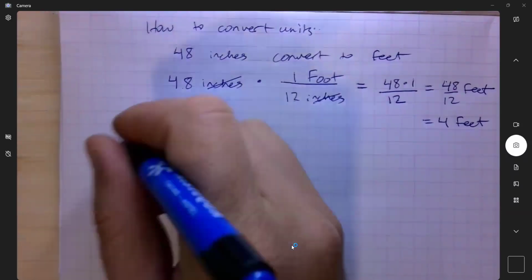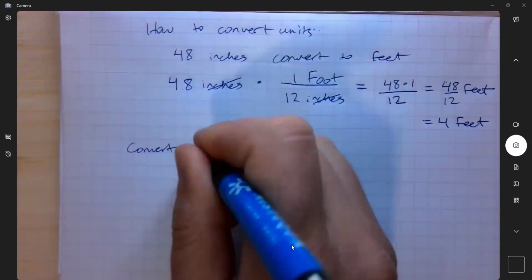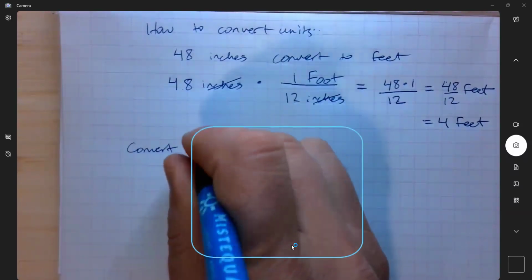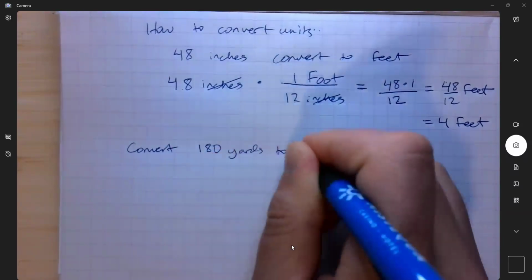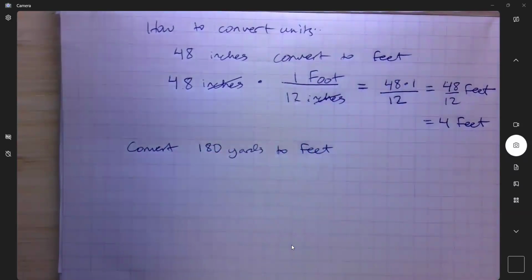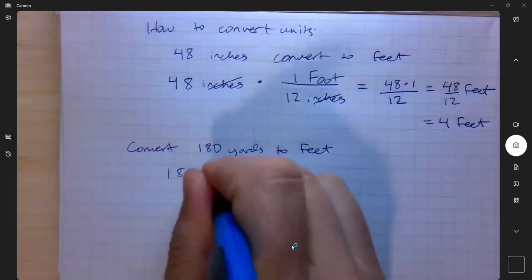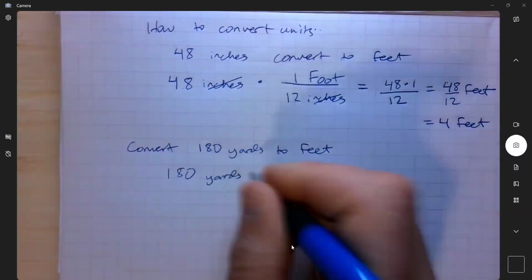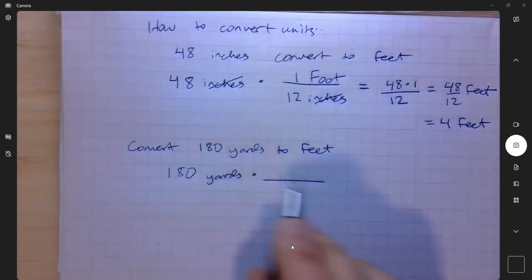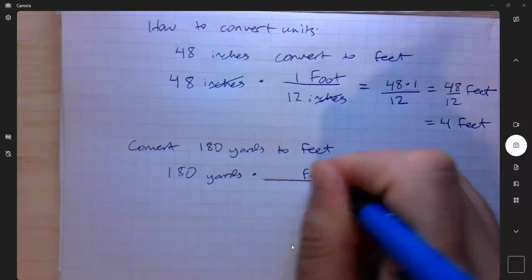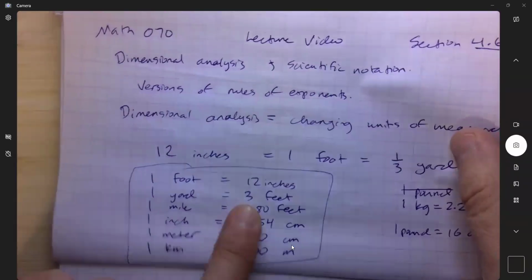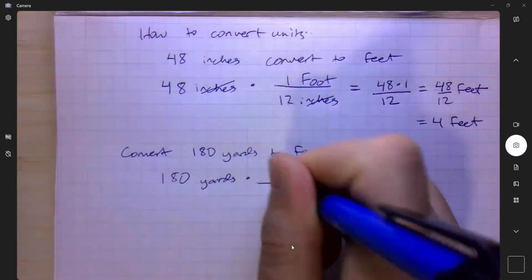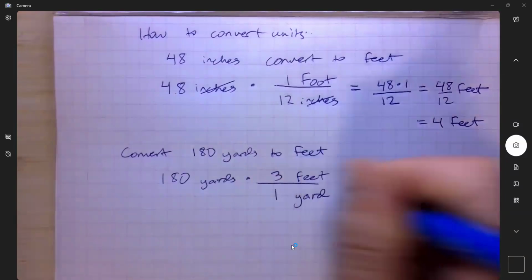Let's do another example. Let's convert, let's say, 180 yards to feet. So I start with my original units, or my original quantity. And if I'm converting from yards and I want to end up in feet, I'm going to put feet in the top. And I go to my table, and my table says there are 3 feet in 1 yard. So I'm going to have 3 feet in 1 yard.